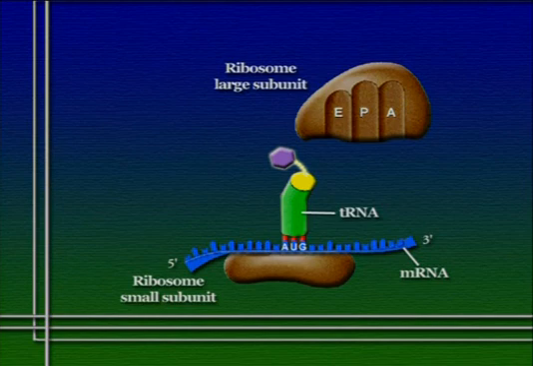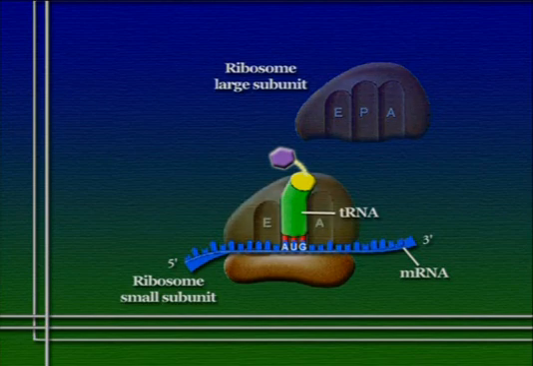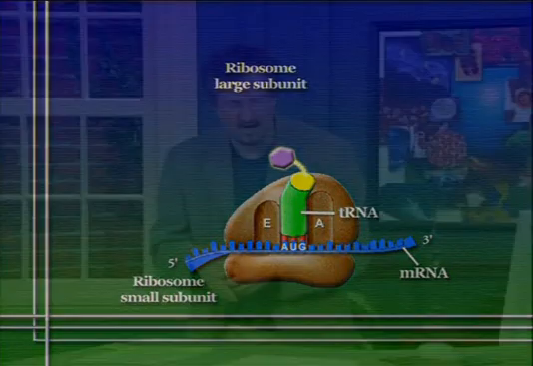Now, once we bring the messenger RNA, the initiator tRNA, and the small subunit of the ribosome together, then the other, larger half of the ribosome comes and sits on that complex, and translation begins.